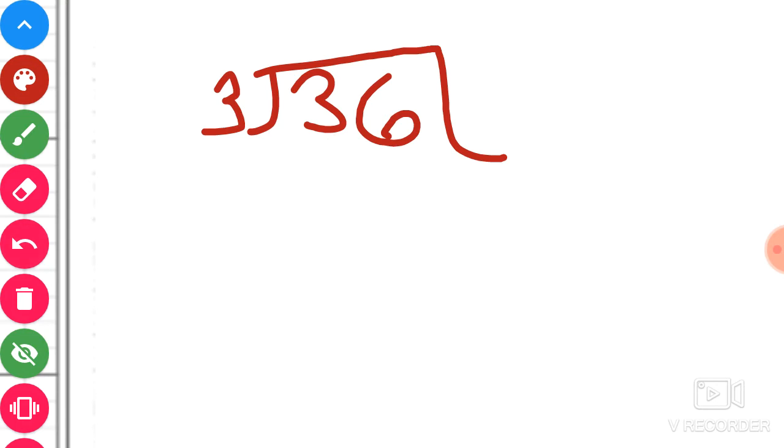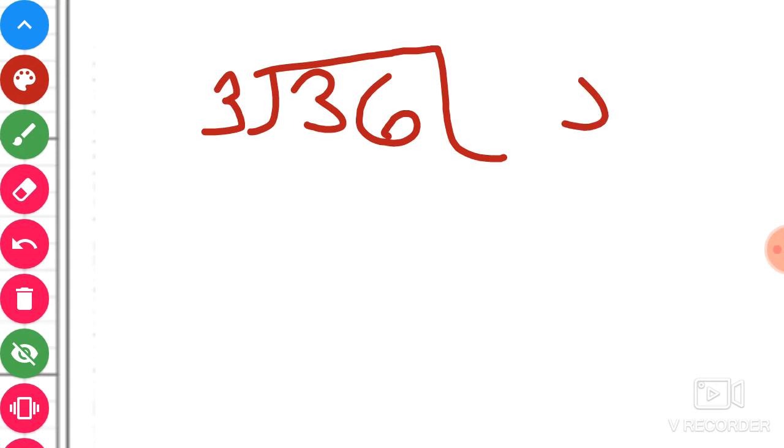We will compare. 3 3 से बड़ा है, 3 3 इक्वल है या 3 3 से छोटा है? बेटा 3 and 3, these both numbers are equal. So as these both numbers are equal, now we will move toward our next step, where we will find out whether we get 3 in 3's table or not.